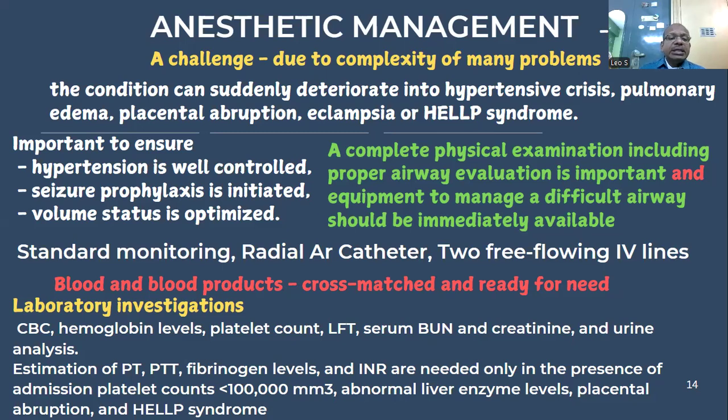Estimation of PT, PTT, fibrinogen levels and INR are needed only in the presence of the admission platelet count less than 100,000 and abnormal liver enzymes, and placental abruption and HELLP syndrome.